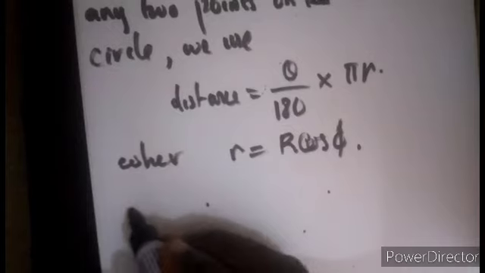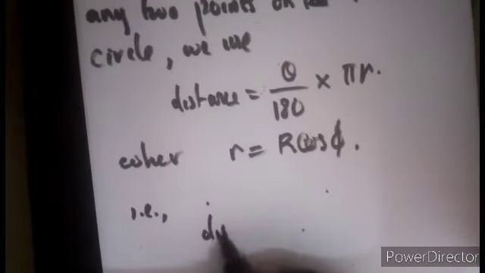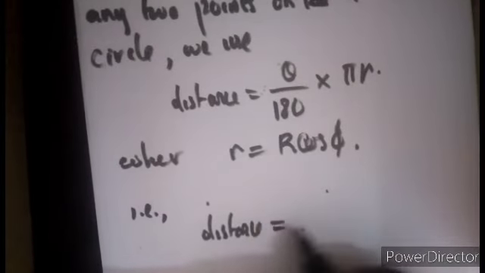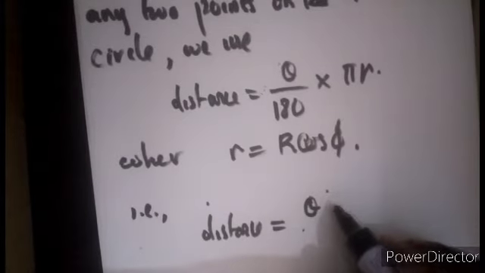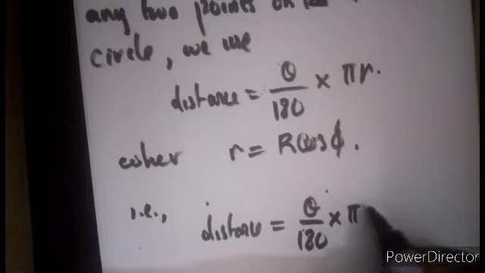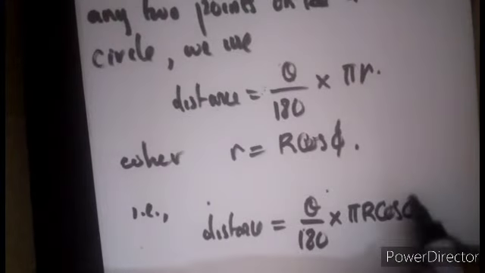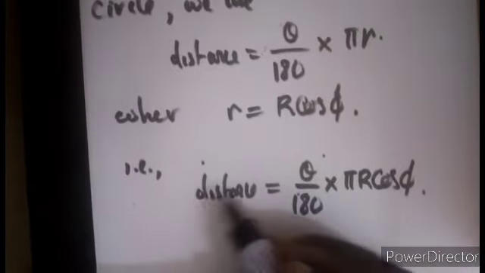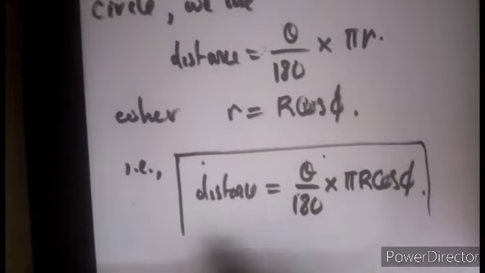That is, the distance we use is equal to theta over 180 times pi R cosine of phi. This is what we're going to use.